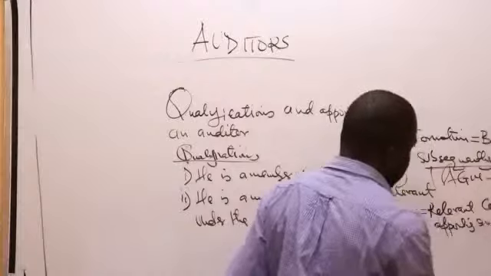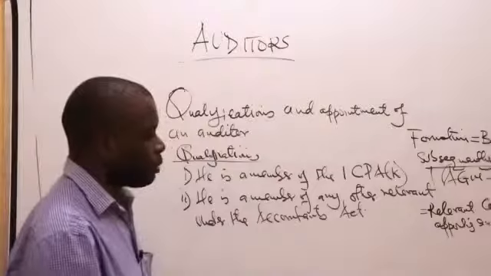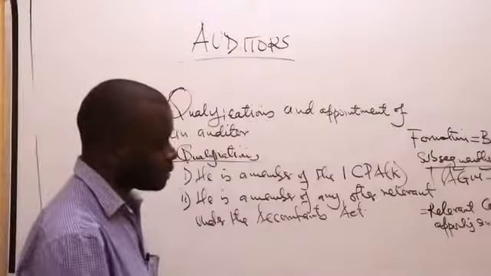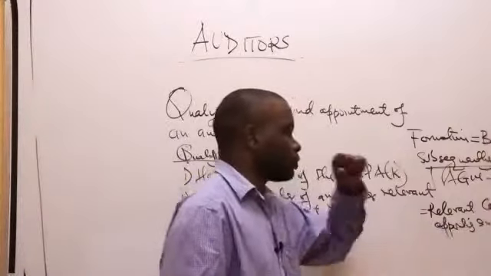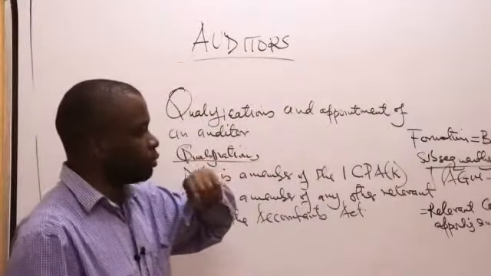For example, it is a parastatal under the Ministry of Education, and they haven't been able to appoint an auditor. So the cabinet secretary can step in and appoint an auditor for such a corporate body.